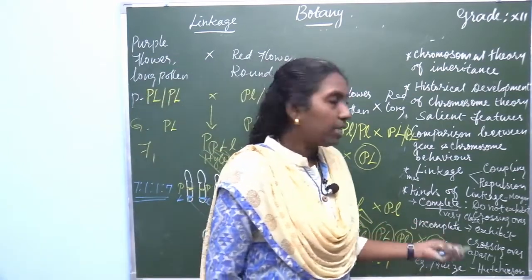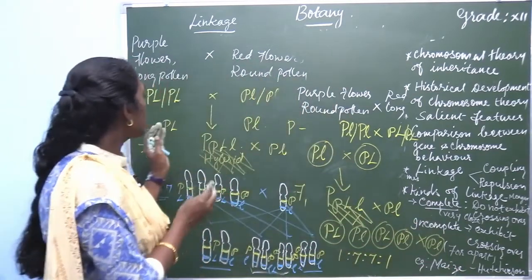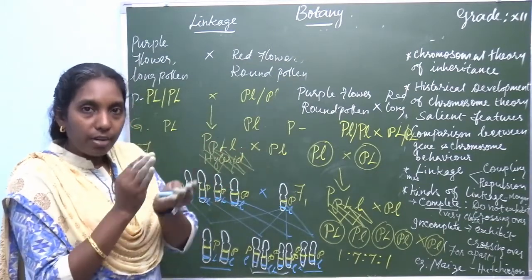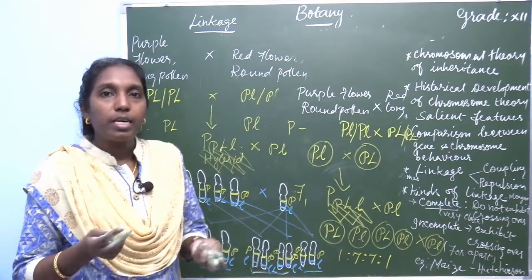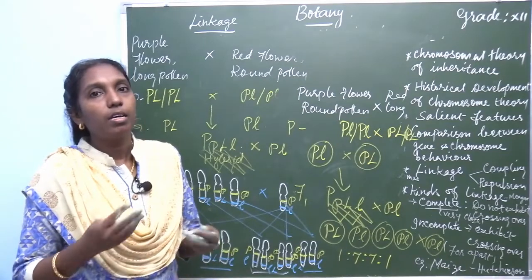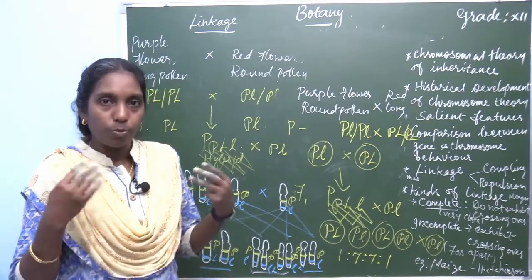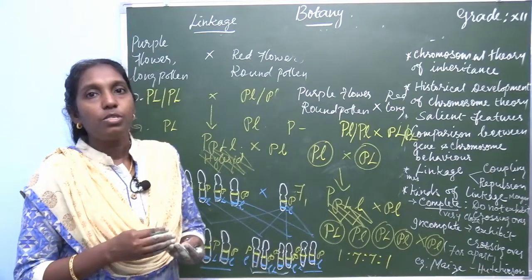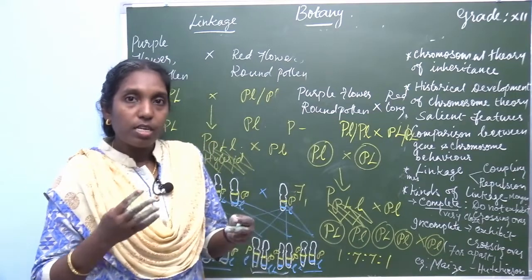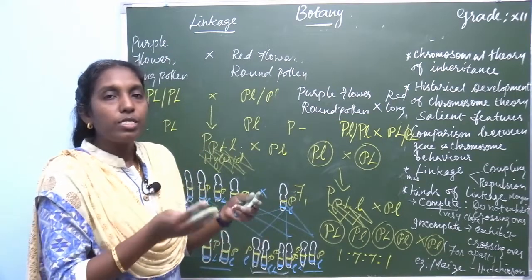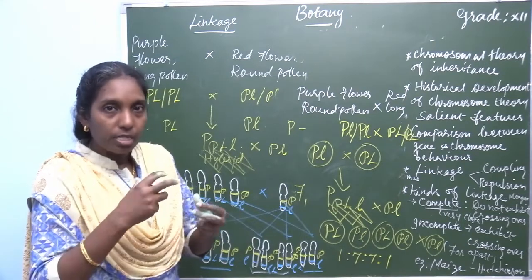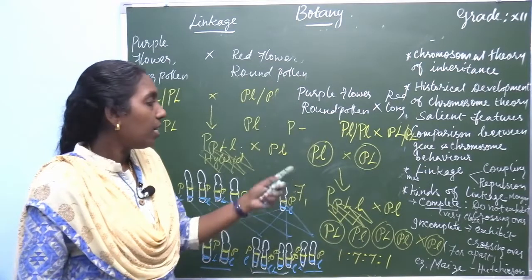What is the meaning of complete linkage? In complete linkage, the genes are located very close in the chromosome, which is determined by the frequency of recombination. If the recombination frequency is more, it produces unlinked genes. If the recombination frequency is less, it increases the linked genes.